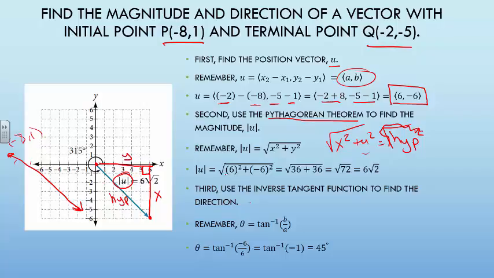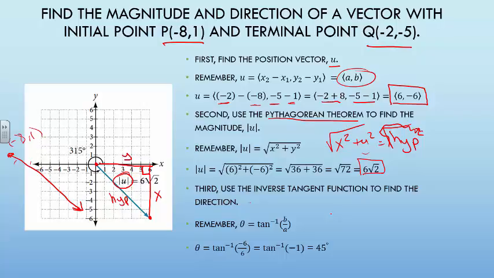We have 6, the units on the x, and 6 units on the y. So we have the square root of 6 squared plus negative 6 squared, which equals the square root of 36 plus 36, which is 72, further reducing to 6 root 2. And that is the magnitude of the vector u.